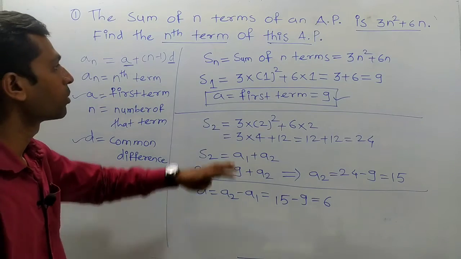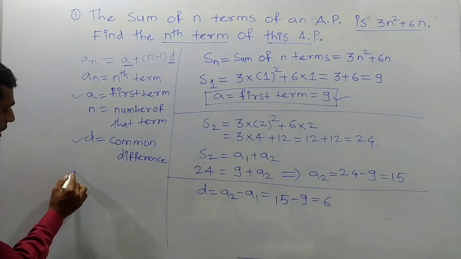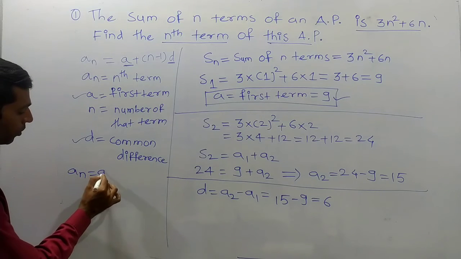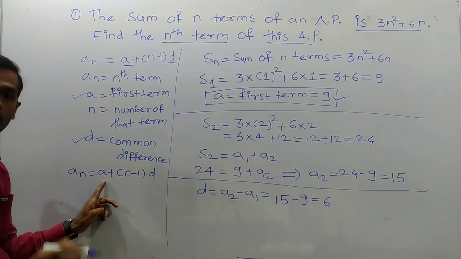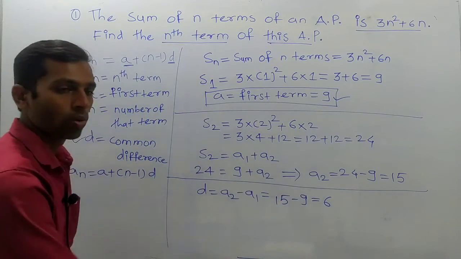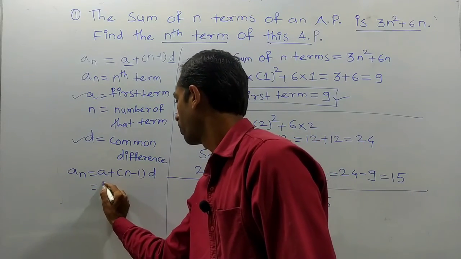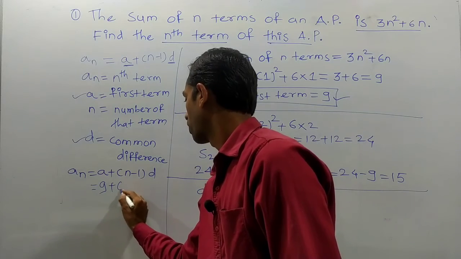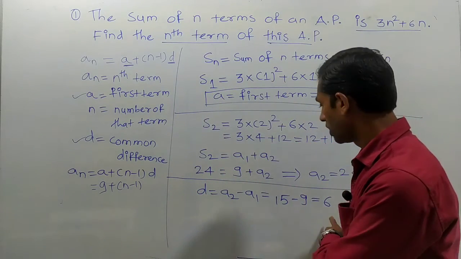Now I can easily calculate the nth term. Put in this formula: an is equal to a plus n minus 1 into d. a is your first term, which is 9. So I will write here 9 plus n minus 1, and your d is 6.